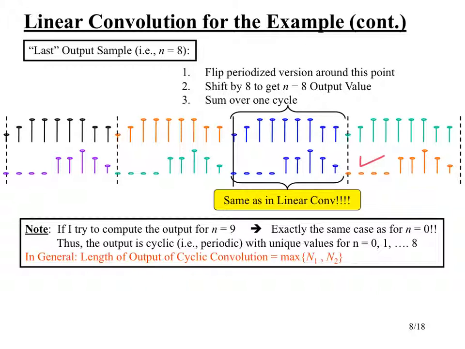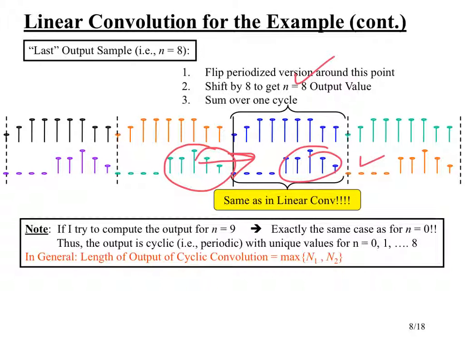One final thing that's different about circular or cyclic convolution and linear convolution: let's imagine that we try to go out to n equal to 9. One more step further, so we shift this to the right, and if we look carefully at that, we will see that the green one now shifts in and starts to play the role that the blue one had.